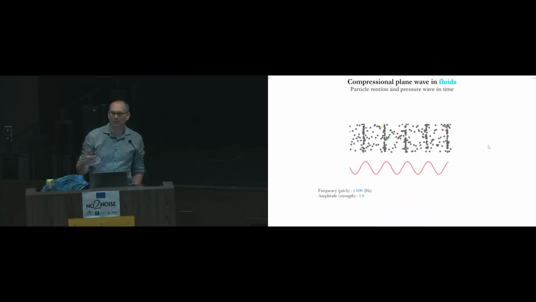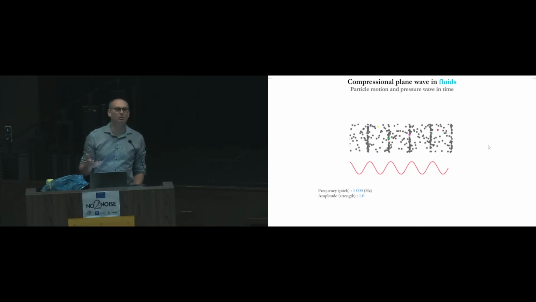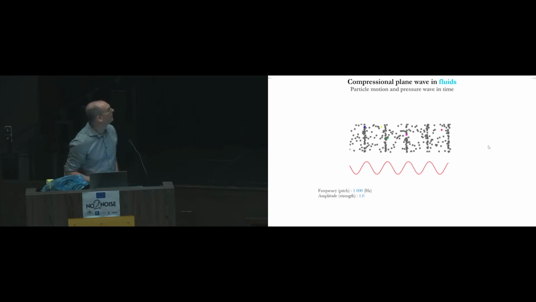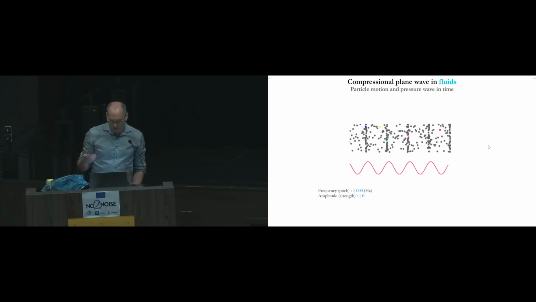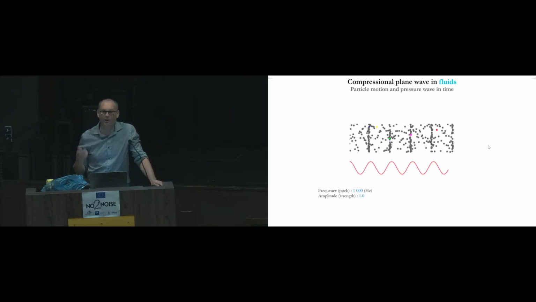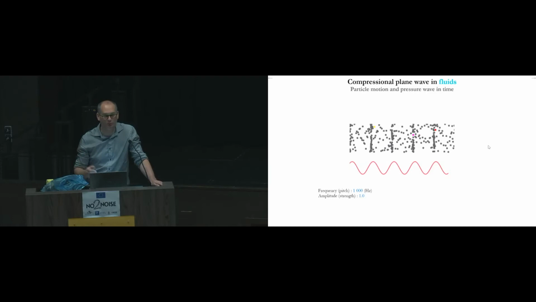The first slide is something very, very simple, but the next will be a bit more complicated. In this first slide, I just want to show you what's going on when you have a wave in a fluid. It's a compressional wave.